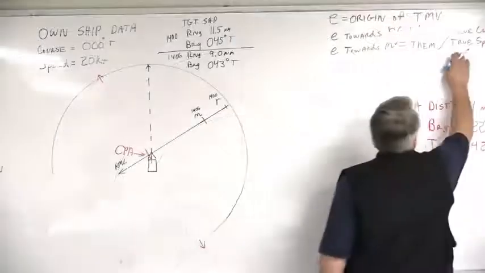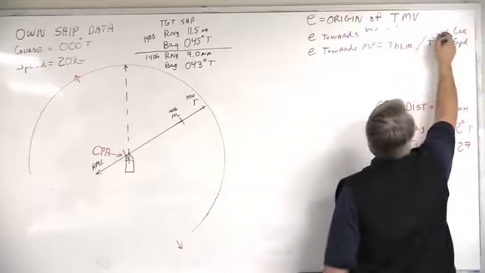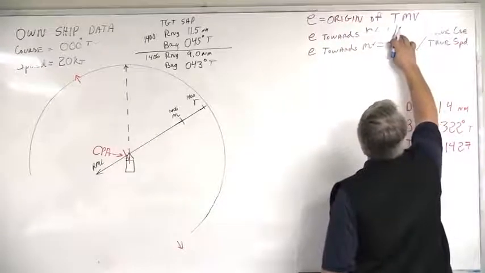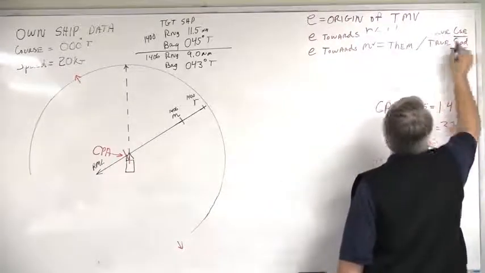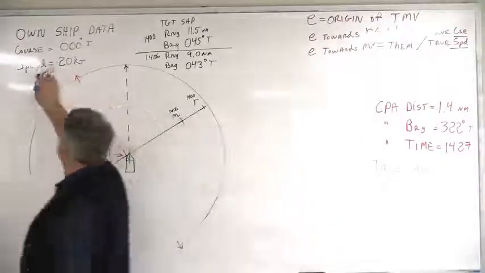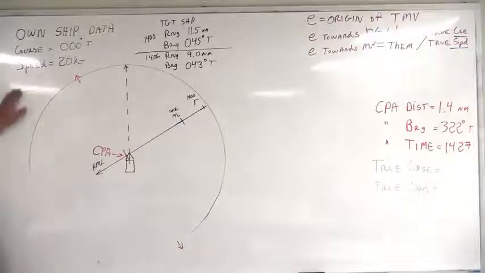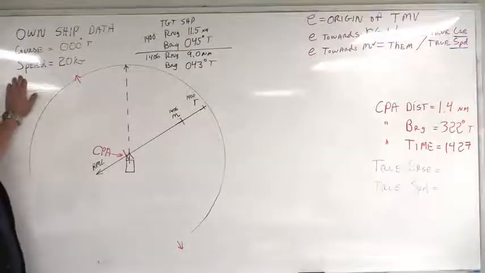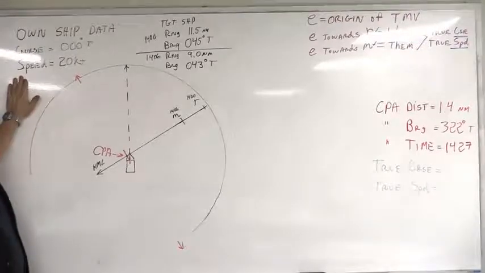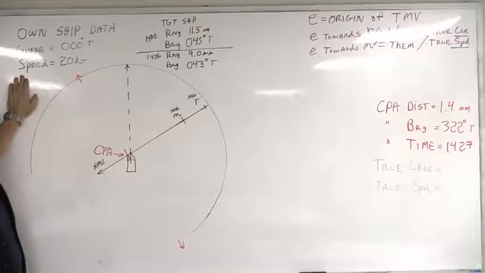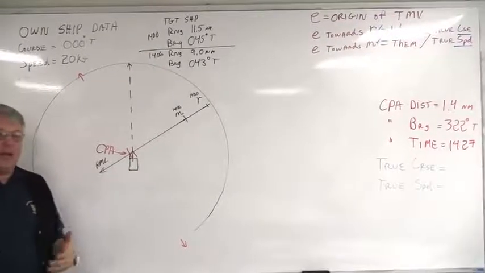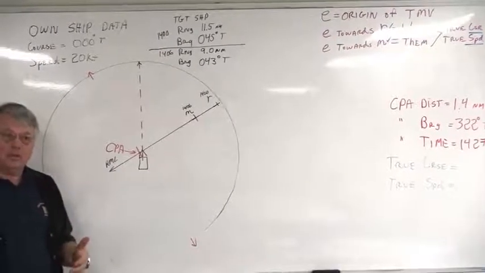But I know our information, us. We know our true course and true speed, don't we? It's right here. That's the only thing I know completely is our true course and true speed. Correct?